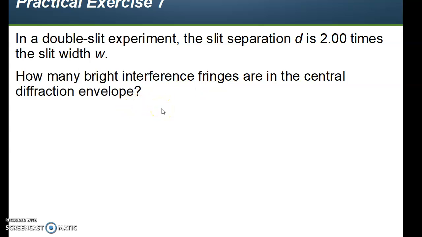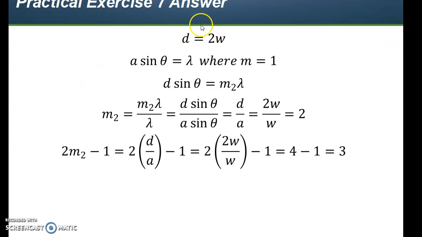Okay, and this is problem number 37 in your book. So d is going to equal 2W, right? So when you have this equation right here, a sine theta is where this is 1, and it just converts into this equation right here, right? d sine theta over a sine theta is d over a, which is 2W over W, or just simply 2.